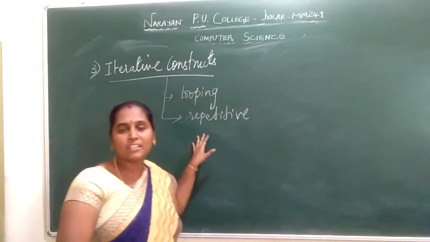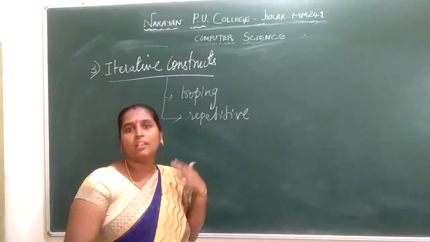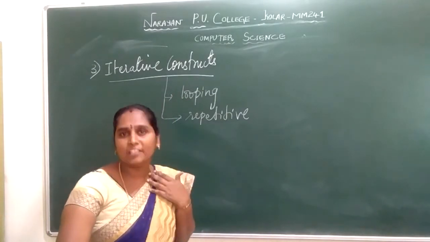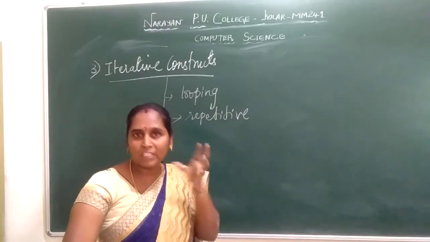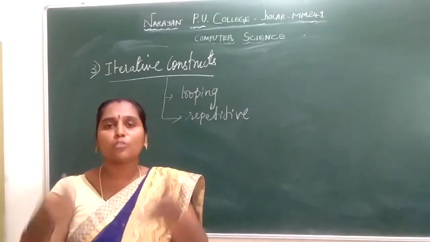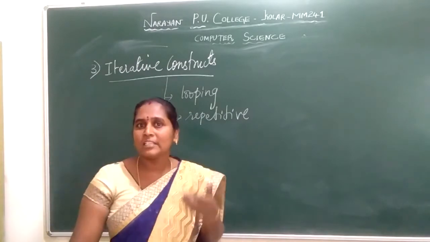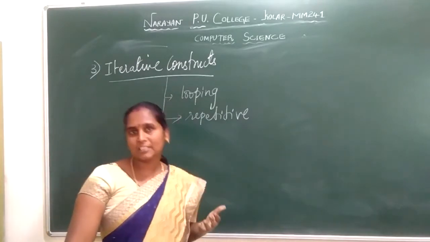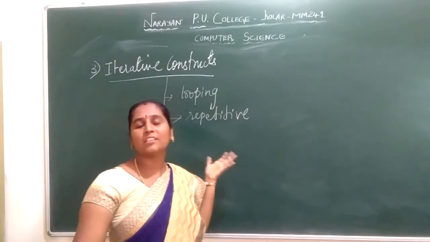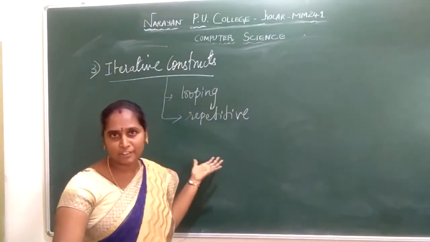What it tells by name itself is that you are going to keep on repeatedly executing a sequence of statements until the condition is true or a given number of times. Such a construct we call the iterative construct, or looping construct, or repetitive construct.